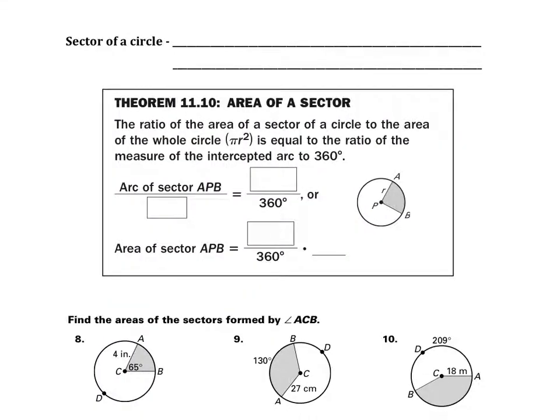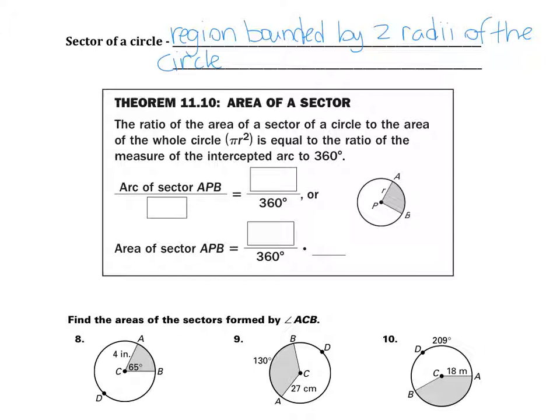Let's look at sectors. The official definition is that it is a region bounded by 2 radii. Radii is just the plural of radius, of the circle, and their intercepted arc.